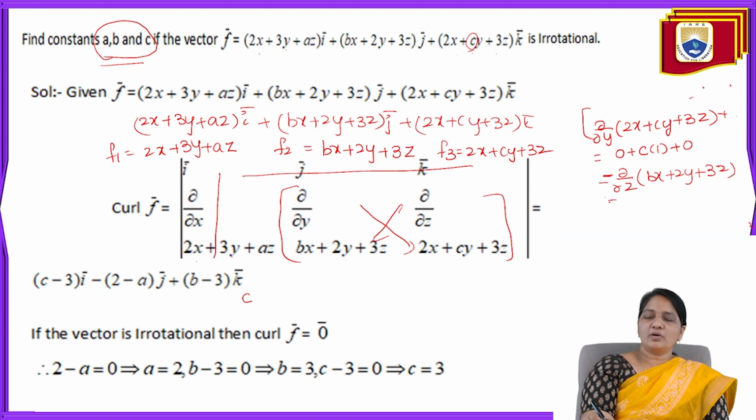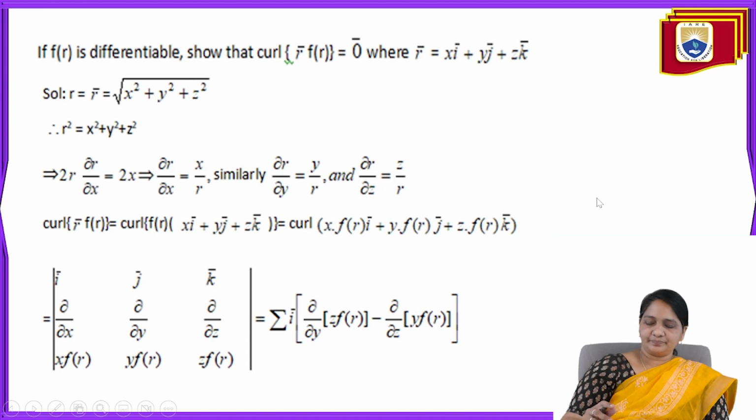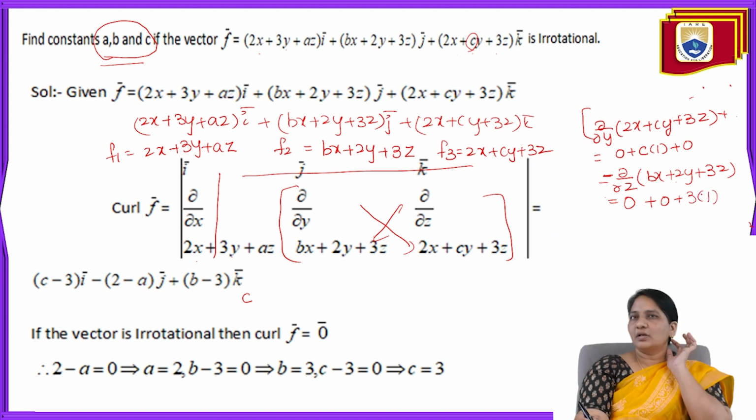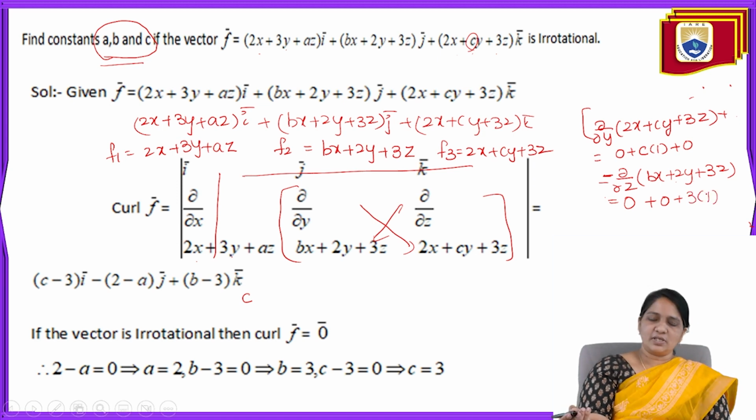With respect to z, b and x both are constants, so this term is 0. Plus 2 and y both are constants, so this term is 0. Plus 3 into z, whose derivative is 1. So this value is 3. So now I got the i component of the cross product as c minus 3.